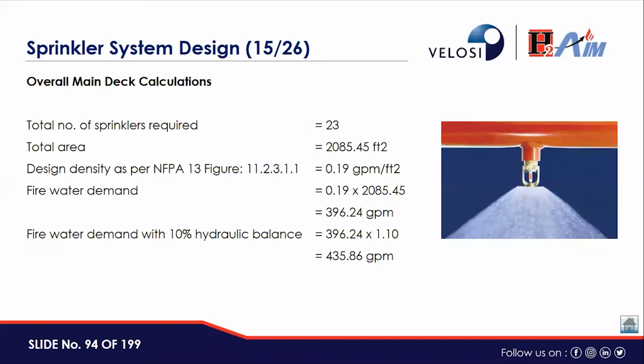So 10% additional hydraulic balance was required as per the scope of work. So fire water demand with additional 10% is fire water demand multiplied by 1.1. The answer is 435.86 gallons per minute. So in this way, the sprinkler system was designed at the main deck level.